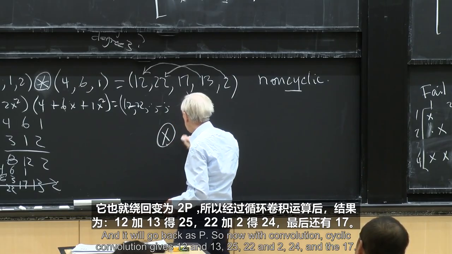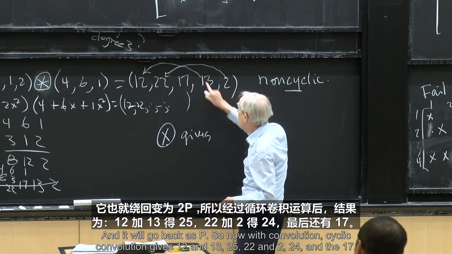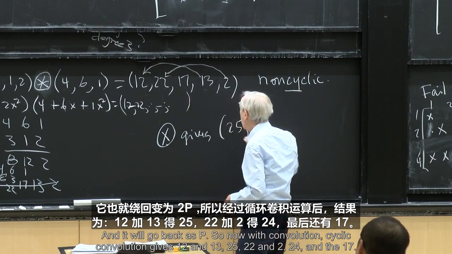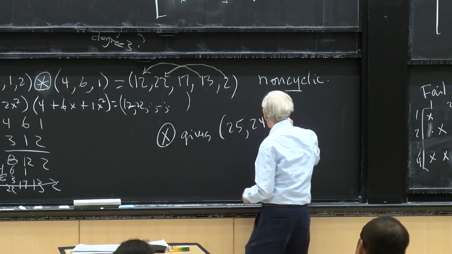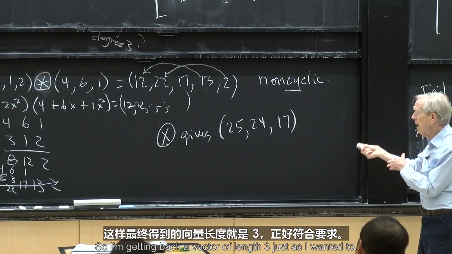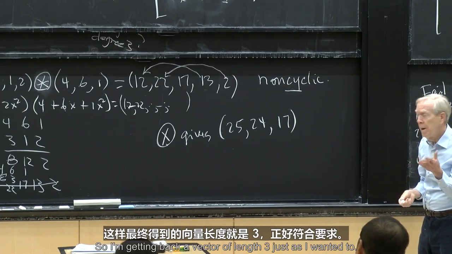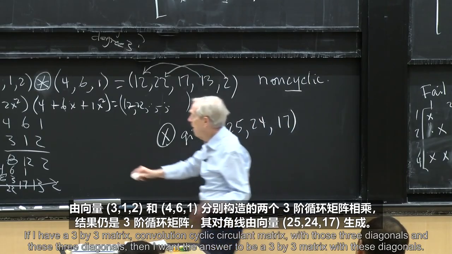So now cyclic convolution gives 12 and 13, 25, 22 and 2, 24, and the 17. Okay, so I'm getting back a vector of length 3. Just as I want to do.